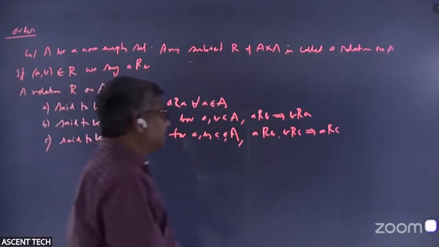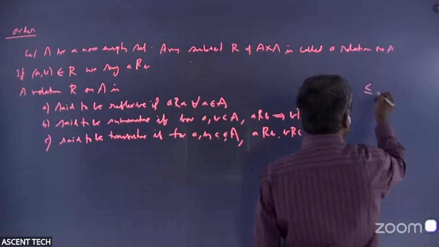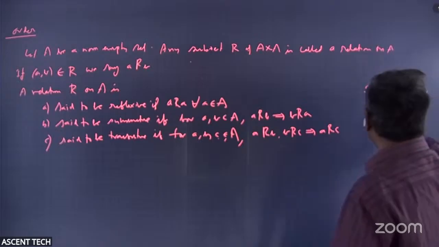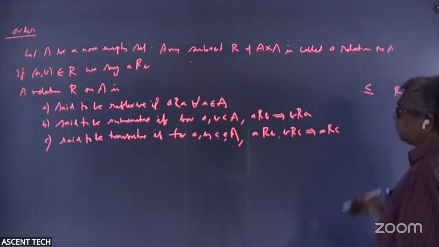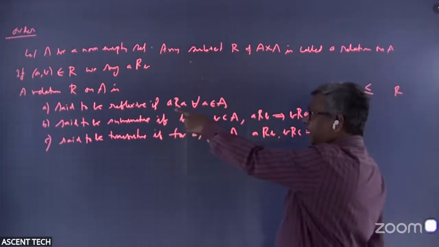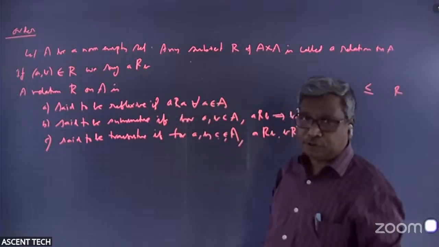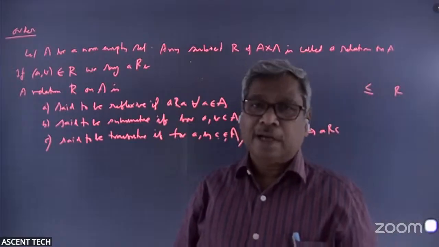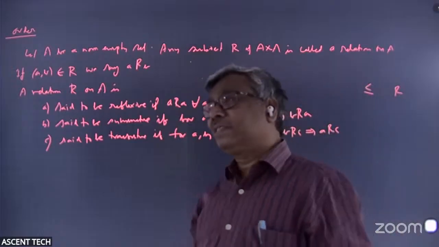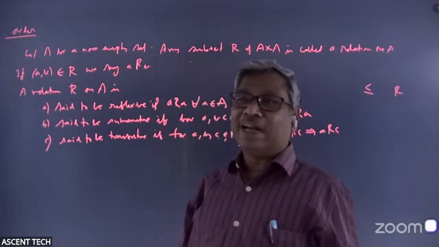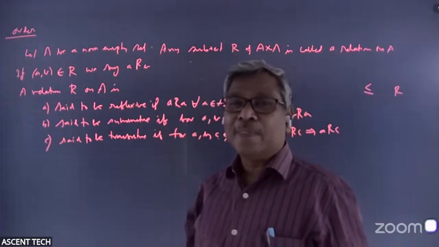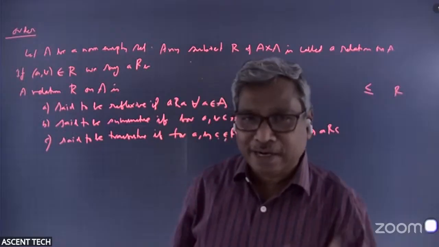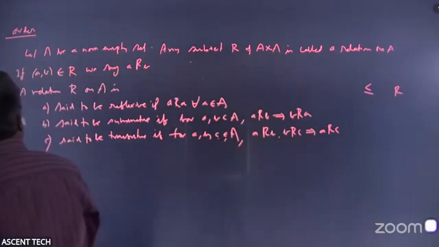I will mostly write less than or equal to in place of R, and that's why we are writing the notation like this. aRb means a less than or equal to b. I use the symbol less than or equal to for any relation, keeping in mind what less than or equal to does on the real line. If R satisfies those properties, I want to call that less than or equal to. Just a notation.